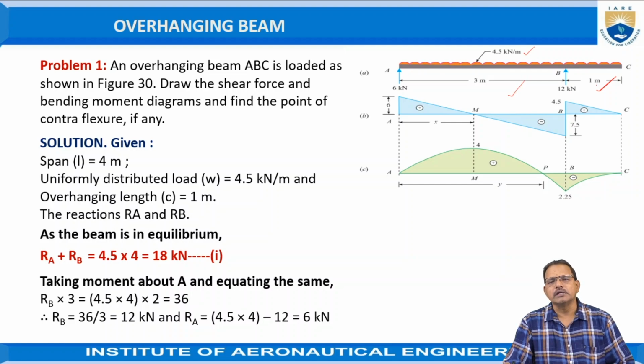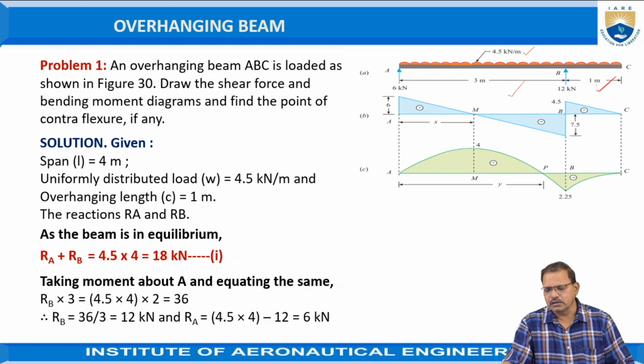Based on the first condition, the sum of the vertical forces acting on the beam should be equal to 0. In other words, the sum of the forces acting in the downward direction should be equal to the sum of the forces acting in the upward direction. Here, RA and RB, the reactions at A and B, are acting upward.